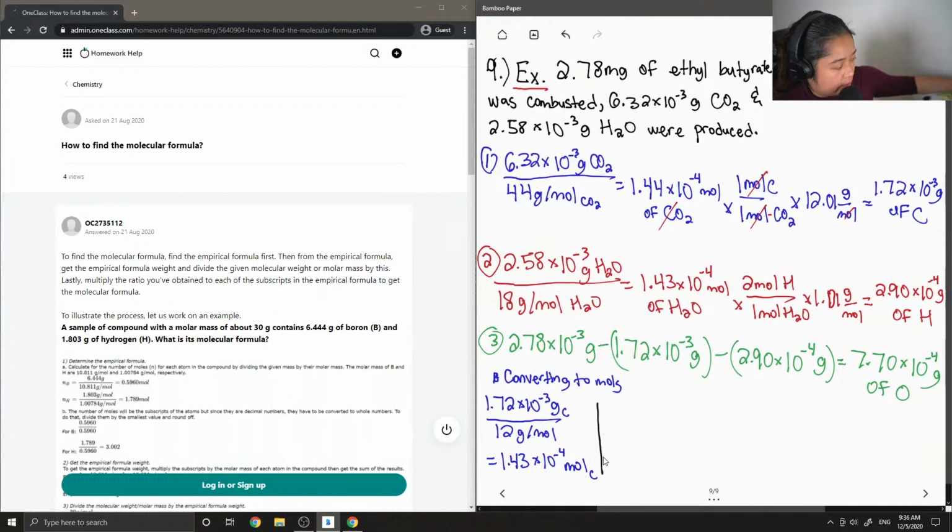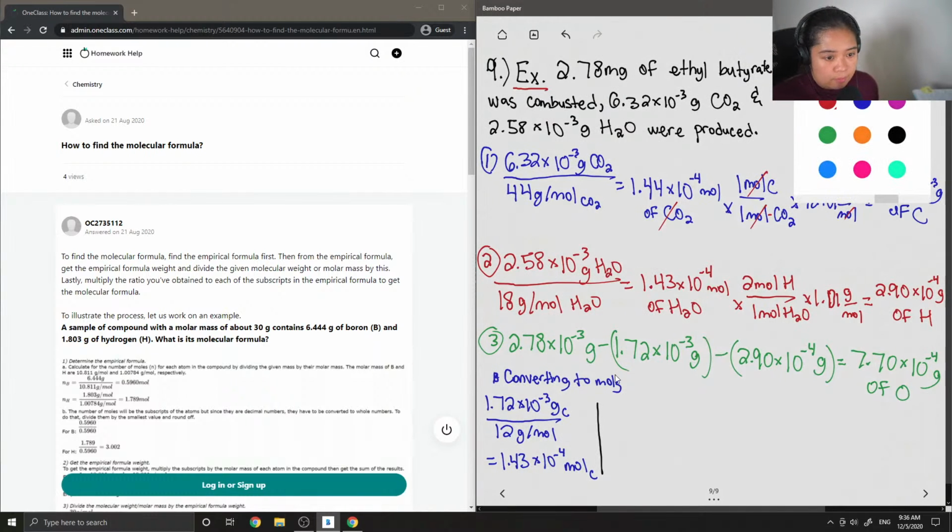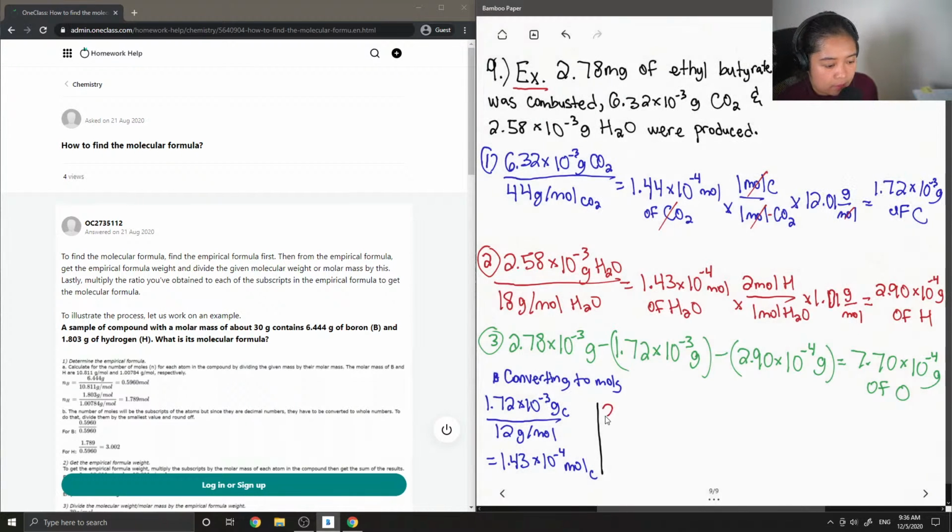Then for hydrogen, it is 2.90 times 10 to the negative 4 grams divided by hydrogen's molar mass, which is 1.01 grams per mole, which gives us 2.87 times 10 to the negative 4.